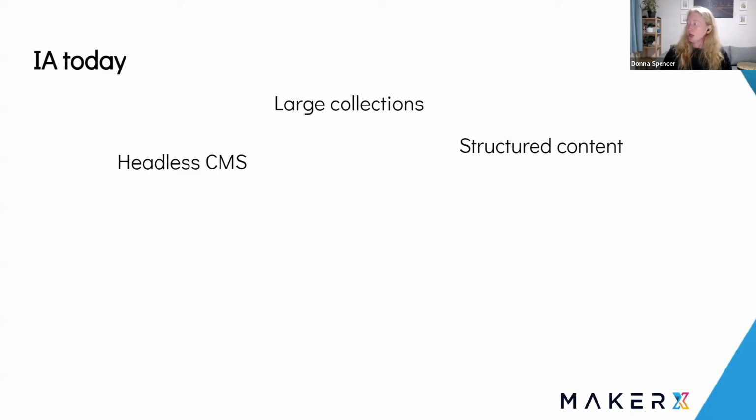We're also, some of us, working with very large collections of content. So that might be really large catalogue sites for e-commerce, really large catalogue sites for things like museum collections, really large content sites for marketing. So we're often working on things that are huge.